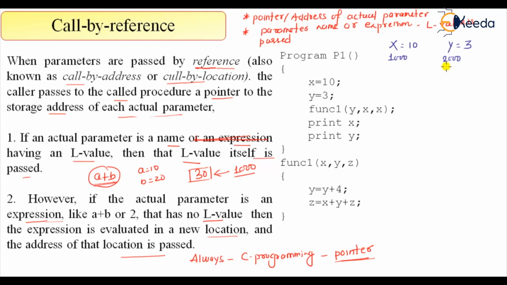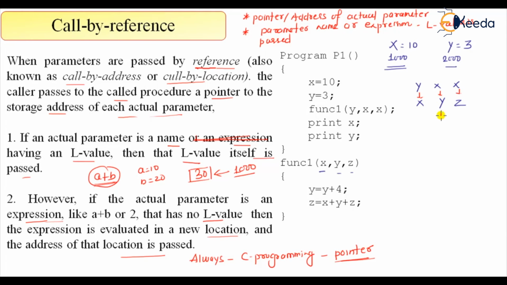That location is passed and stored in x, y and z. This is a simple mapping: y maps to x, x maps to y, and x maps to z.